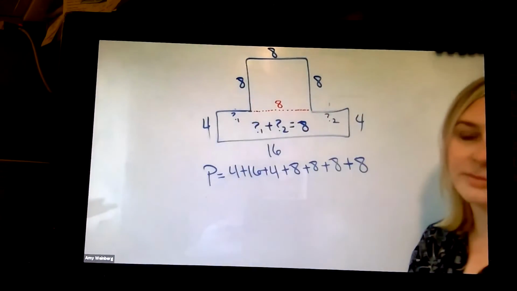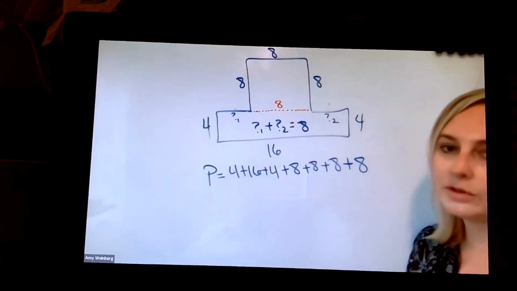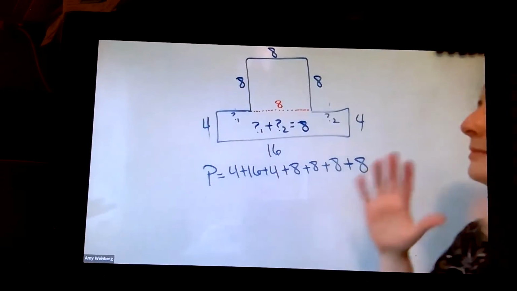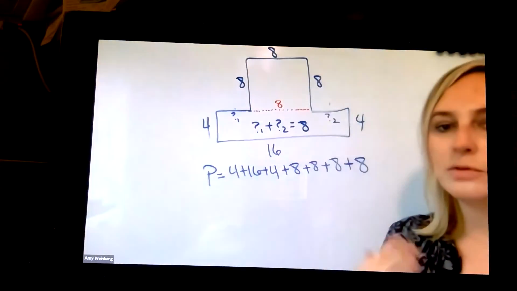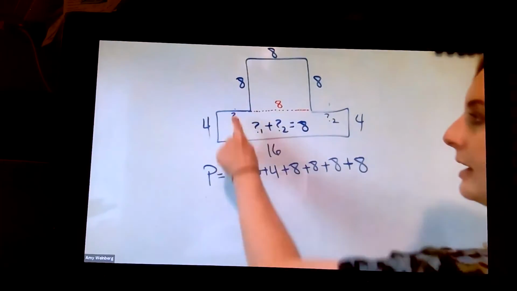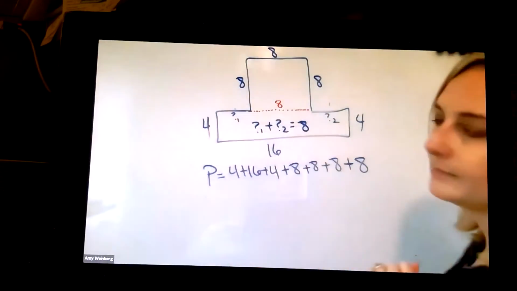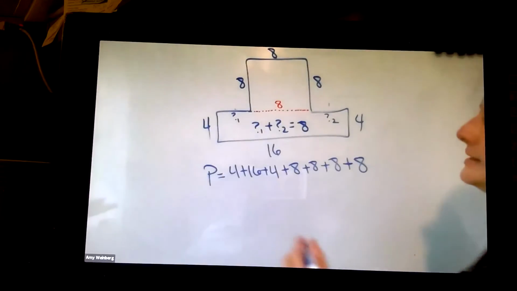Now I have all of my sides. Does that make sense? So that was a really, really hard one to pick out. If you struggled with it, don't feel bad about it. But now that you look at it, they always give you the right amount of information. You may not know what this is perfectly, but dang, you know what these two are together. Okay, and so if we add all those up, we should have gotten 56.